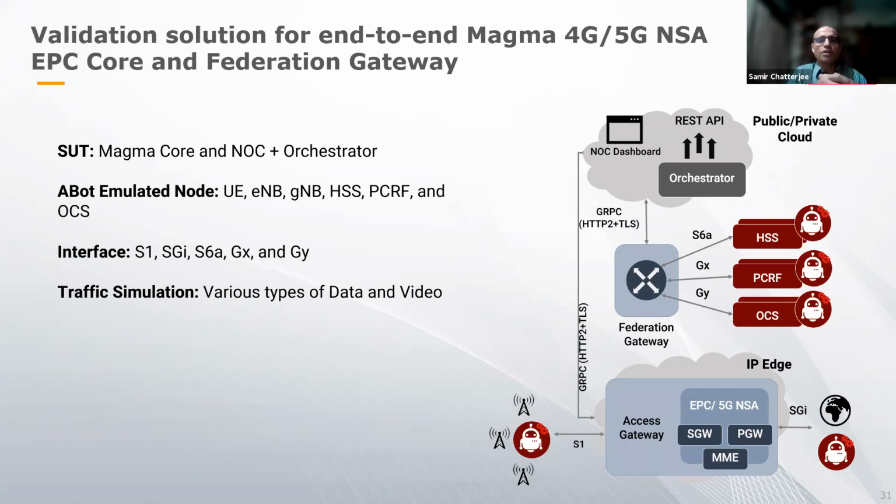Similarly, we support these interfaces, and again we have a 5G package, a 4G, 5G NSA package, and it's kind of zero touch. You run them, you see them, it helps you integrate. So hopefully the community is going to benefit from it, and more people will adopt the Magma code base. It's a great initiative, and we are very happy to be part of it.